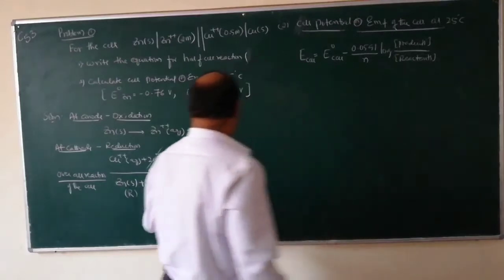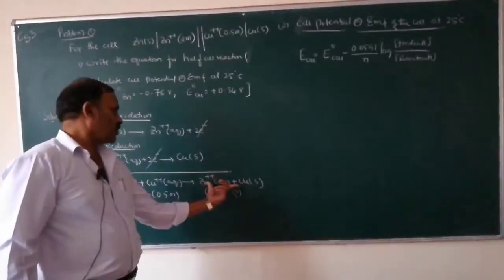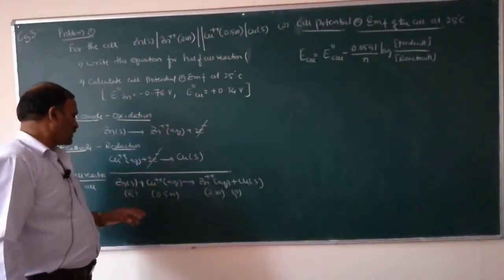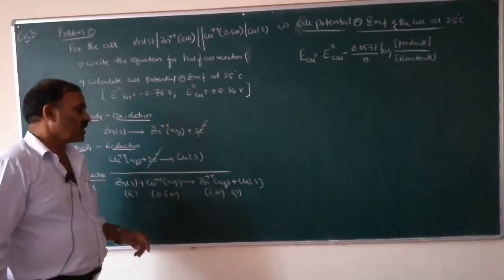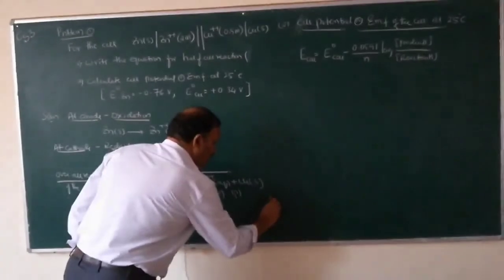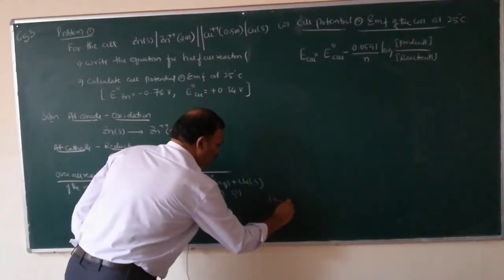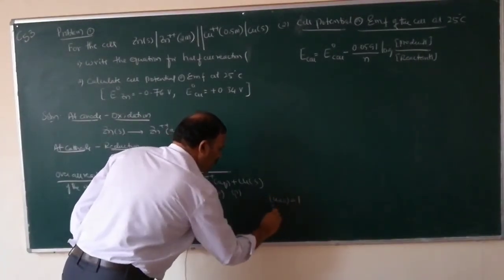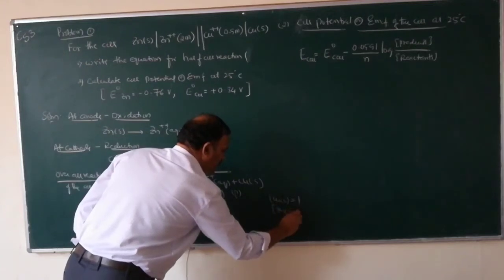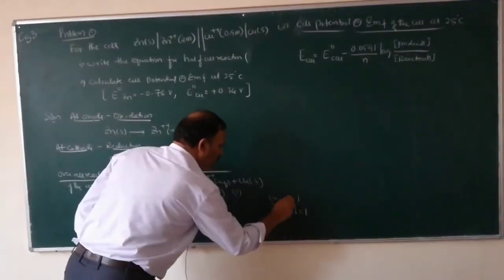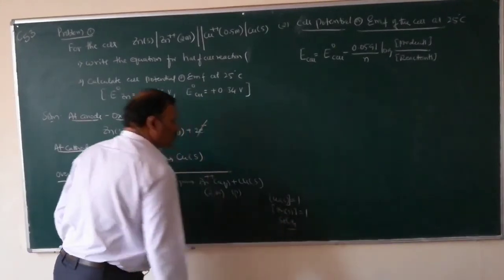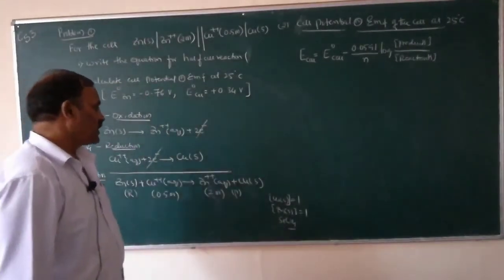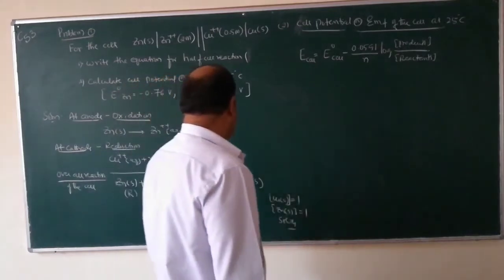In this cell reaction, these are products and these are reactants. Since Zn(s) and Cu(s) are solids, the concentration of Cu(s) is equal to 1, and the concentration of Zn(s) is also equal to 1 because they are solids. For pure solids, the concentration is taken as unity.